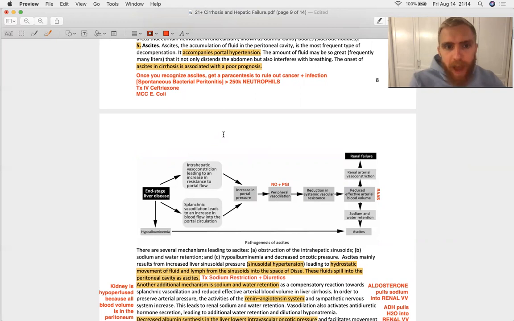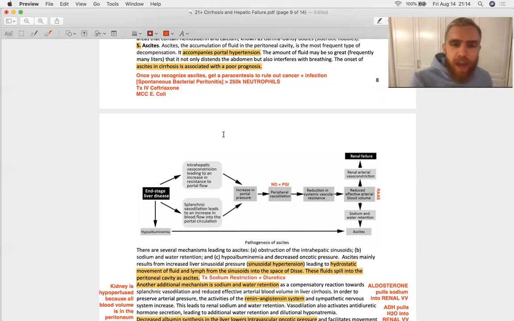The onset of ascites is associated with a poor prognosis because of the easy susceptibility of the abdominal cavity to infection through primary bacterial peritonitis, which is spontaneous bacterial peritonitis.